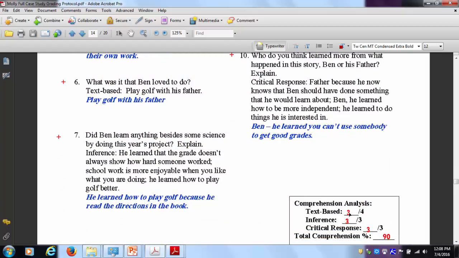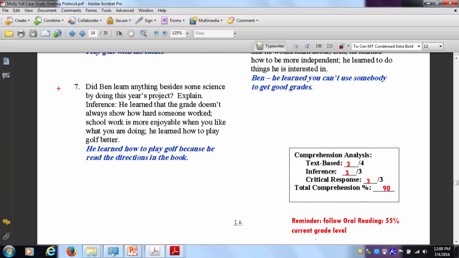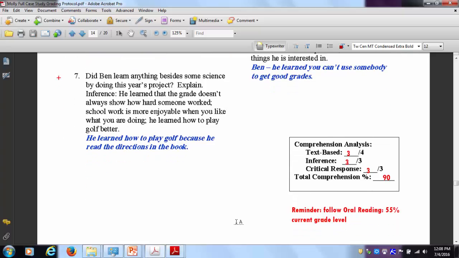The only one she missed was a problem with the sequence. 3 of 4 for text, 3 of 3 inference, 3 of 3 critical response. I want you to remember something. Following oral reading, she had a score of 55%. But look at this. Silent reading, same grade level, same syntactic complexity.